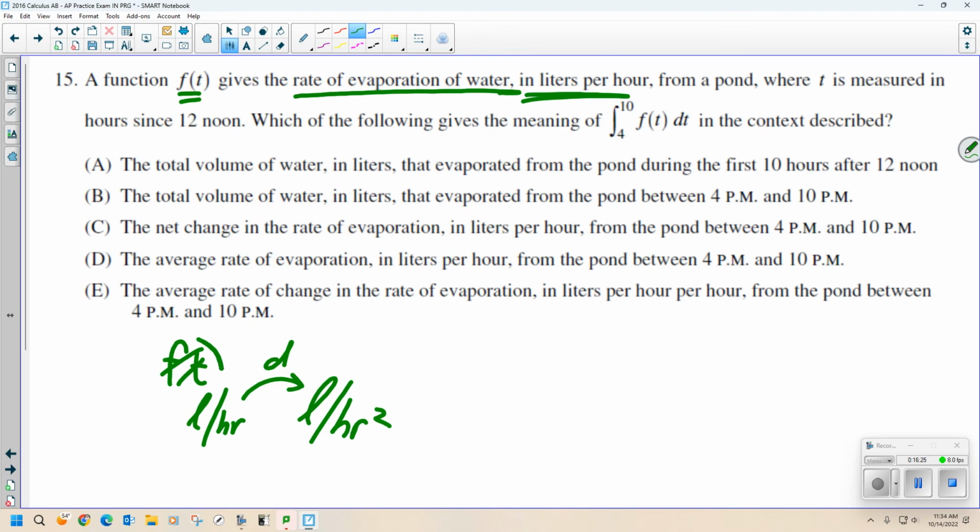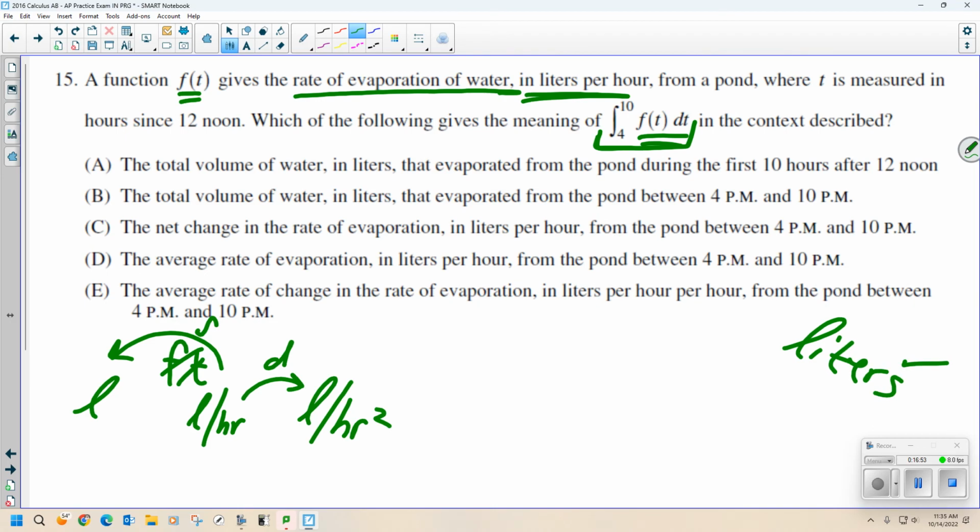If I go backward, and I take the integral, which is what we have here, that turns the rate into the unit. That is just liters. So when I integrate this, I'm going to end up with something which is representative of liters. So that's the first thing we need. I'm going to write that down. It's going to be liters. That's a check.